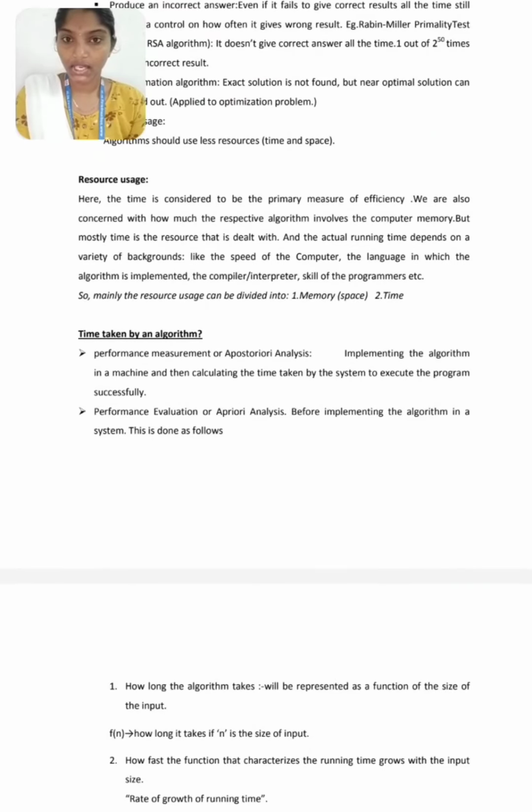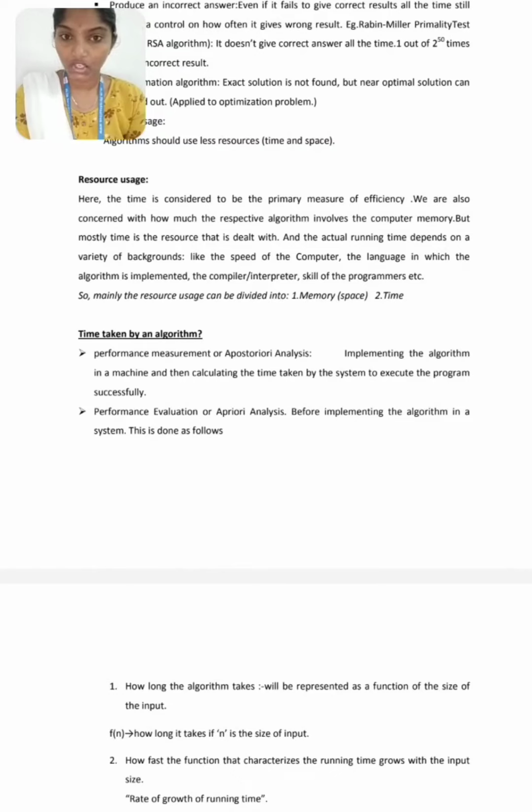Regarding resource usage, time is considered the primary measure of efficiency. We are also concerned with how much computer memory the algorithm involves, but mostly time. The actual running time depends on a variety of factors like the speed of the computer, the language in which the algorithm is implemented, the compiler, and the programming effort.